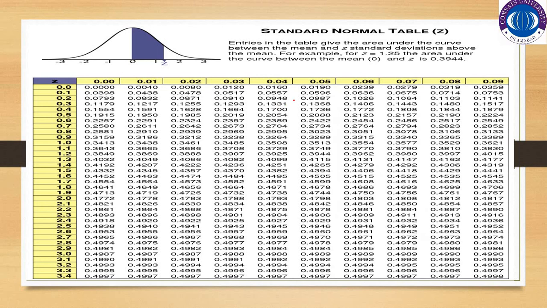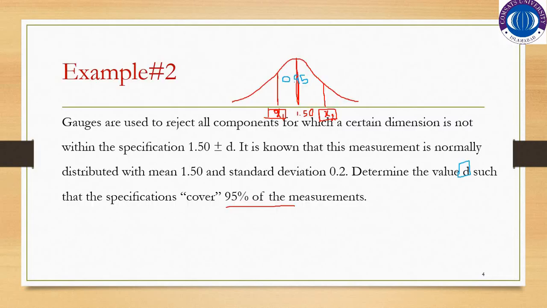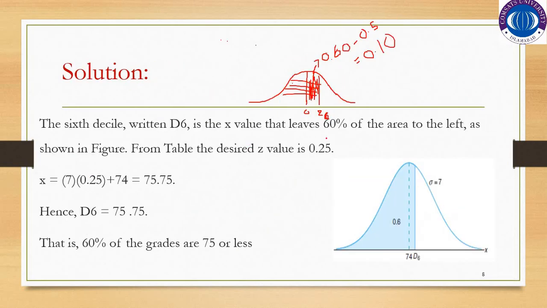I am going with 0.0987, going in this way and this way. This is 0.25. This would be positive because it is at the right side of the mean, which is 0. So this would be 0.25.